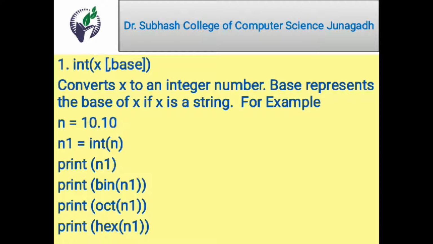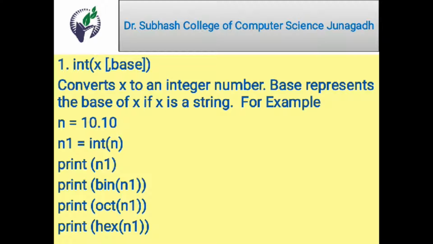Now n equal to the first statement, 10.10. n1 equal to int(n). The type of n is float, real, but I want to convert it into integer. So what is the function? Same way, int, you know very well, that is the integral data type, a number without a decimal point.